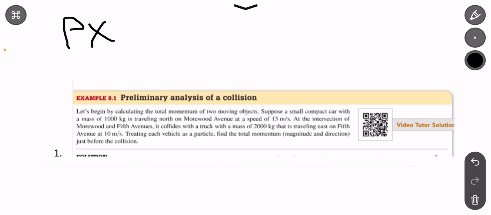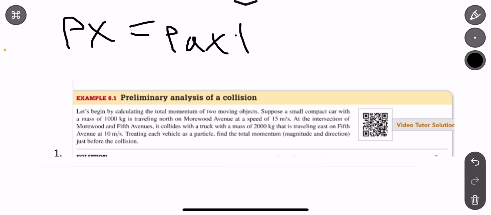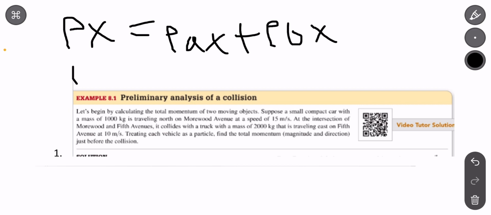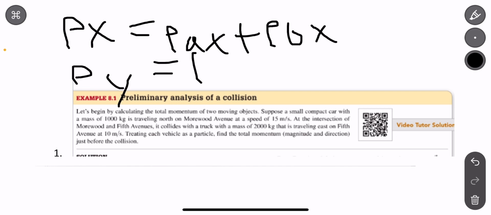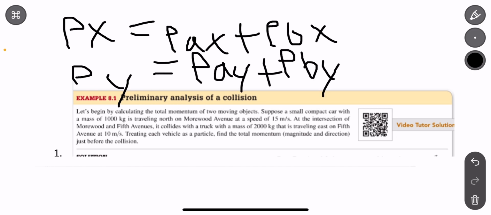So we have Px equal to PAX plus PBX. It's going to be the same thing for Py, just PAY plus PBY. This will help us with how fast it's moving and the direction it's going.